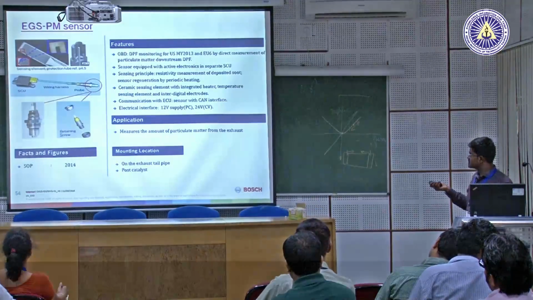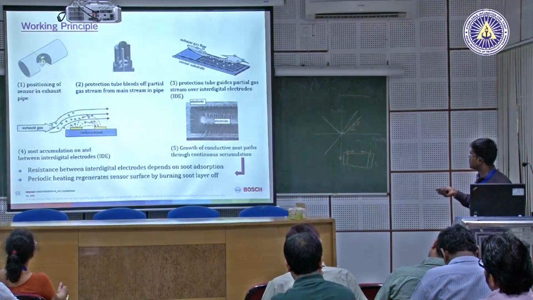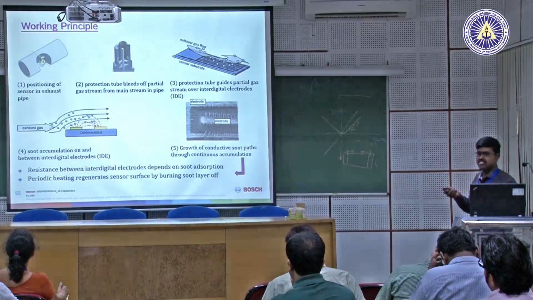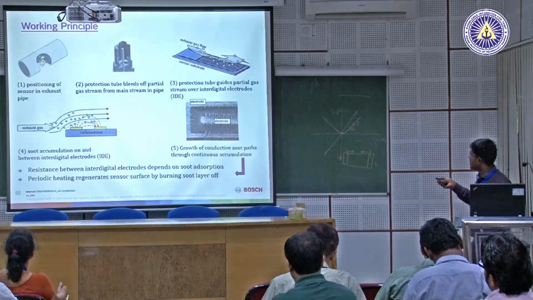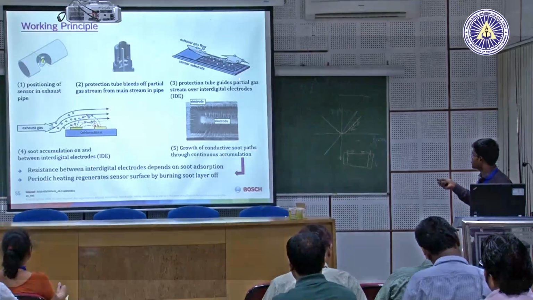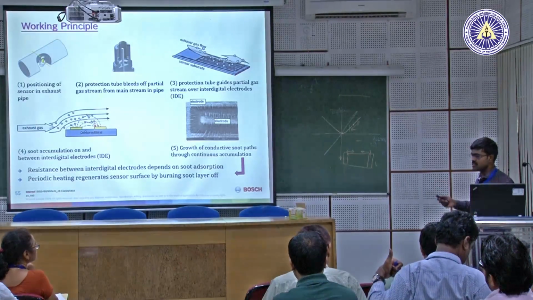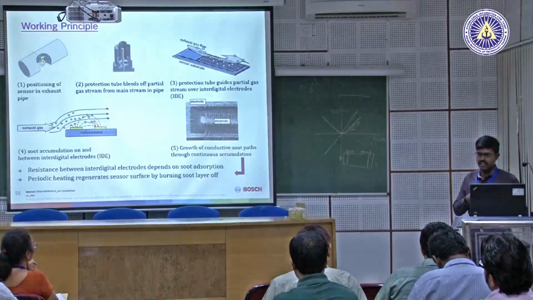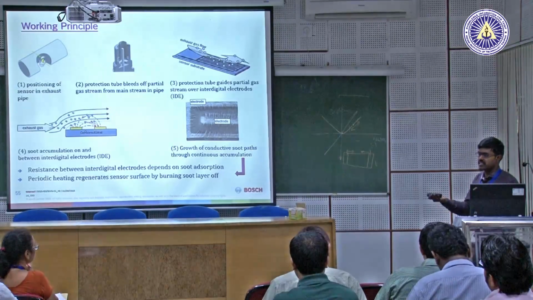So there is a sensor which detects this. You can see the same design, only the sensing element is changed here. You have a sensing element with two electrodes, interdigital electrodes. At that point the resistance is very high, it is an insulator, it does not have any conduction path. Carbon, as you know, is a conductor.